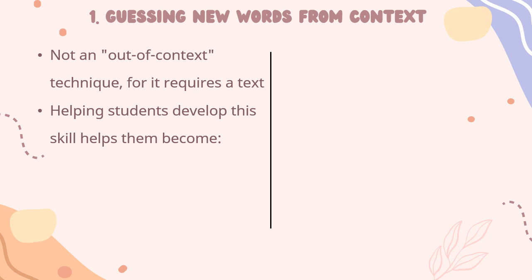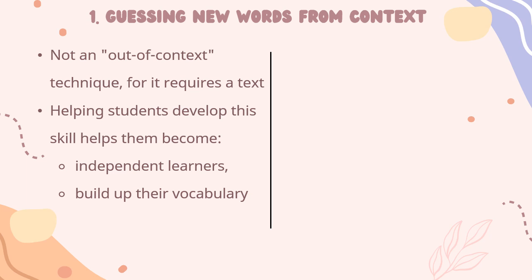And since they can learn on their own, they are able to build up their vocabulary, or at least when they read a text and come across new words, they still have an easier time understanding the text since they are able to either guess the meaning by looking at the context or by ignoring the new words completely and still have an overall comprehension of it.